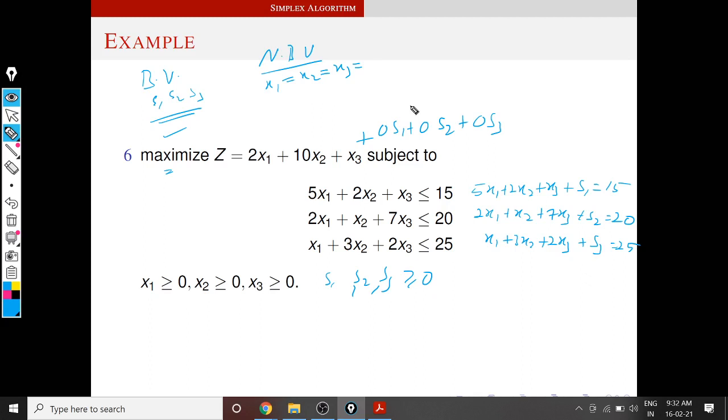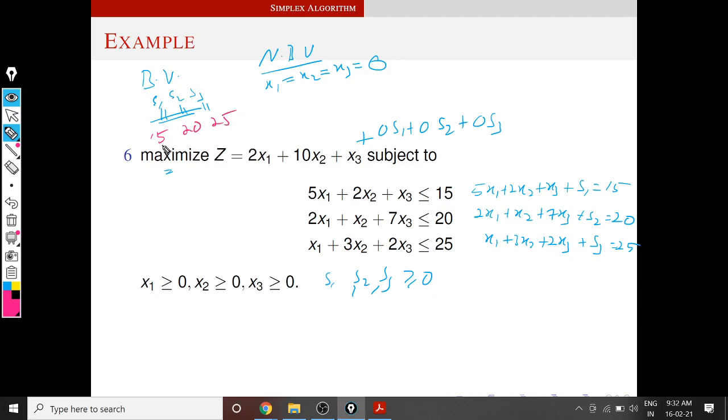You set some variables as non-basic, that means their value is 0. So here we take x1, x2, x3 as 0. By substituting x1, x2, x3 as 0, what is the value of s1, s2 and s3? s1 is 15, s2 is 20, s3 is 25.